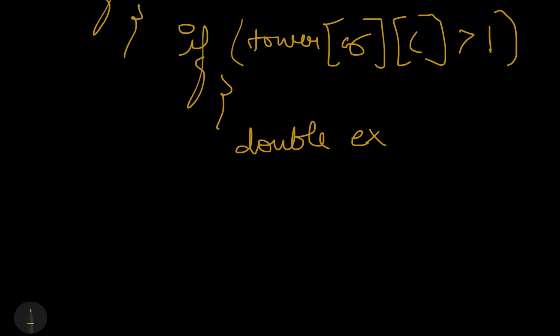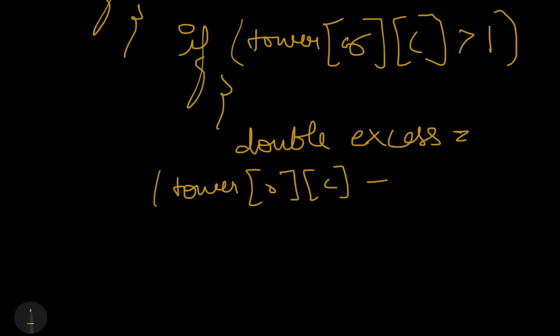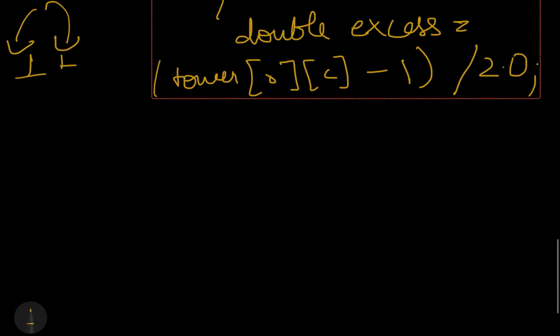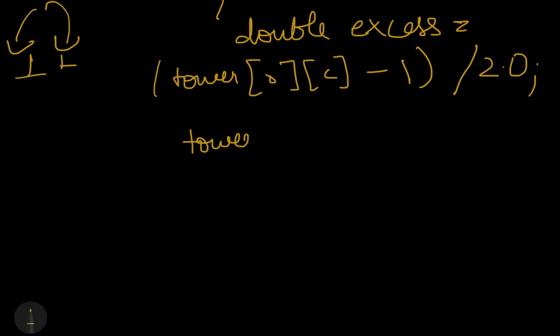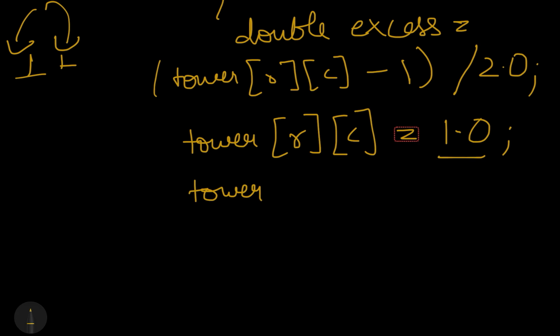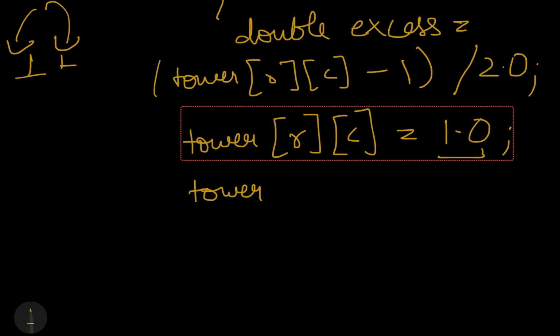If it overflows, we'll have some excess champagne, so we'll calculate that excess, which is the current amount minus one, and half of it goes to the left and half to the right. Then we store the final values, because currently it can hold only one, so it will have one only.